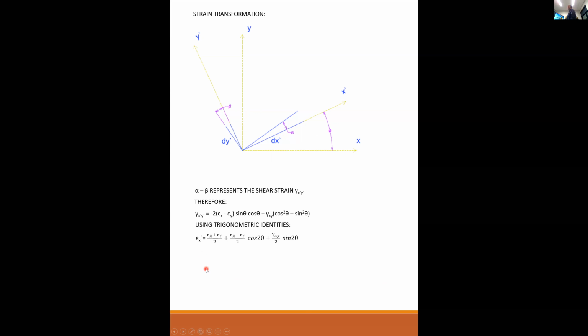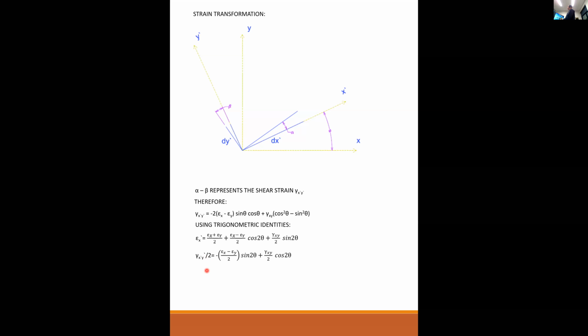Okay, so I think these are our simplified. Yes. Okay, so getting to our end result here, epsilon x prime equals epsilon x plus epsilon y over 2, epsilon x minus epsilon y over 2 cosine 2 theta plus gamma xy over 2 sine 2 theta. Gamma x prime y prime over 2, and this is really interesting how we start representing this angle as gamma x prime y prime over 2.